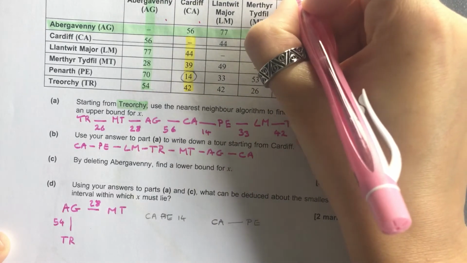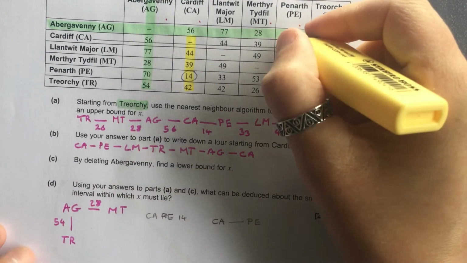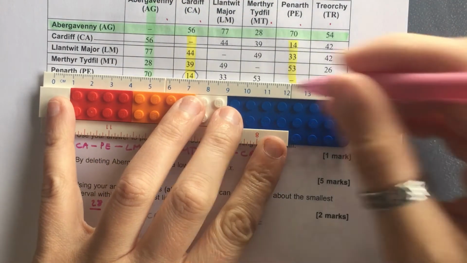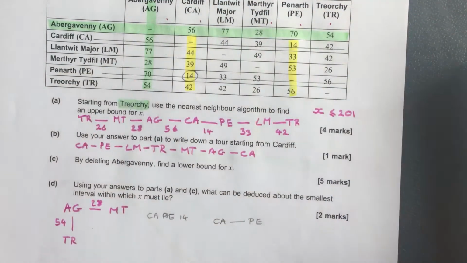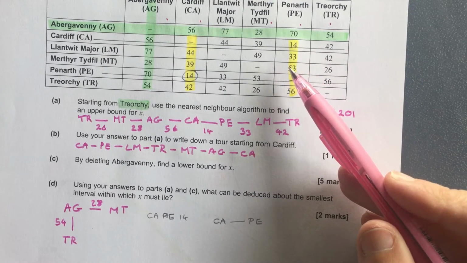PE is the second one that we have chosen, which means we have to highlight PE and cross out PE. We're now looking for the smallest thing highlighted, which I think is that 33.